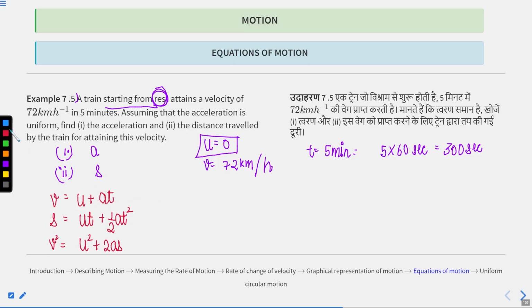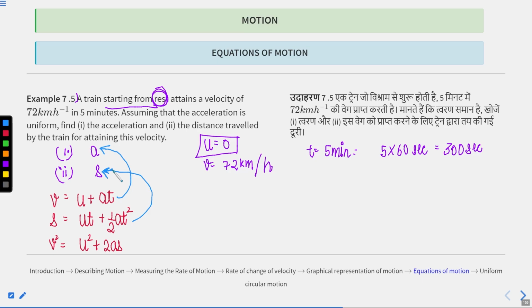So we have to first calculate acceleration. Let's check equation number 1. We have v, we have u and we have time. So we will use the first equation to calculate acceleration. Can we use the second equation to calculate s? We have u, we have t, we will find out a. So we can use the second equation to calculate distance traveled by the object.